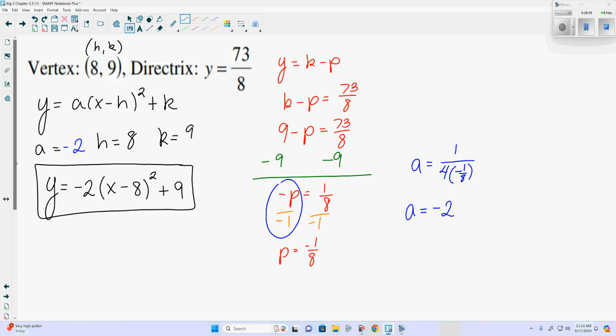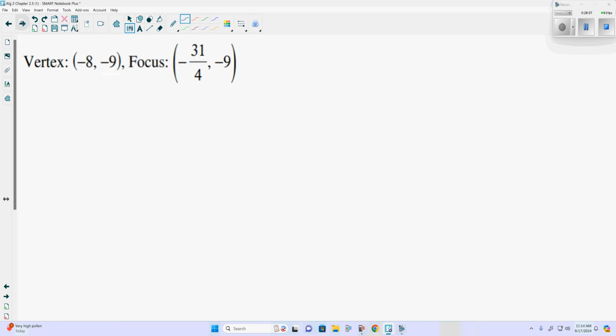We're ready for the next one. Vertex and focus. So here, does the first value or the second value change? The first one, we're going from -8 to -31/4.